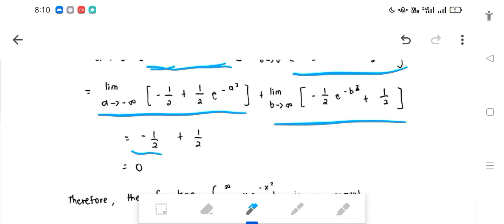And on this one we're going to evaluate the limit of negative 1/2 e raised to negative b squared plus 1/2. So we're just going to substitute positive infinity as the value of b, and the result is this one.